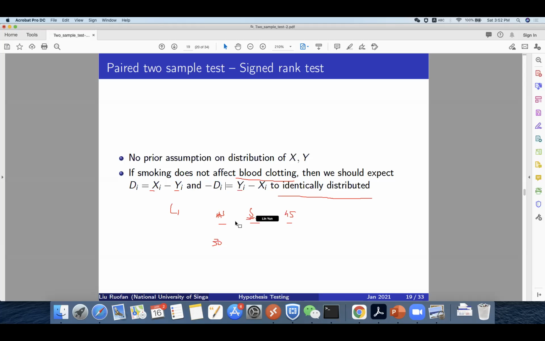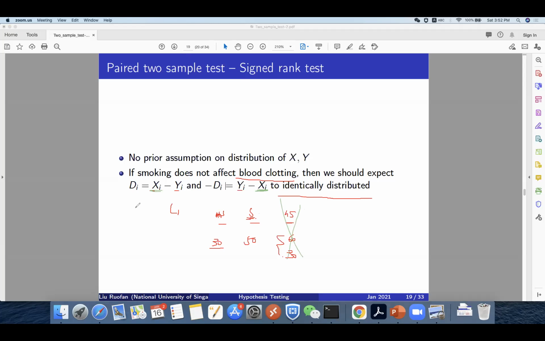If when it's not smoking the blood clotting is supposed to have a value of 30s, and after smoking 50s. We don't have the third column. The xi here is just the xi here. If that's the case, how could it be not identically distributed?